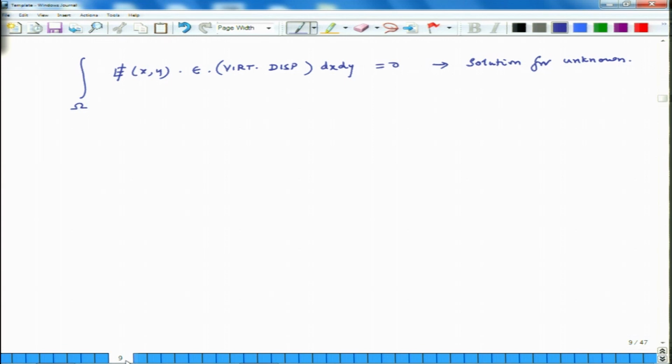So, just to distinguish between these two, if the virtual displacement function is different than the actual displacement, then that method is known as general Galerkin.